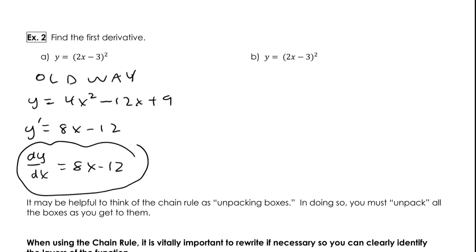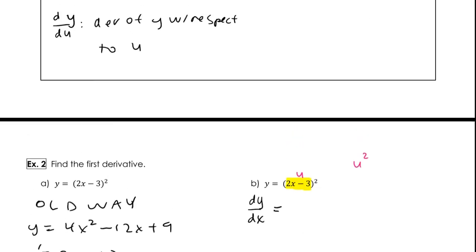Okay, now let's use the new way. So the new way, I'm going to write dy dx, know that y prime is totally fine. Find the inside stuff and let's highlight it. I'm going to pretend that that whole inside stuff is just the letter u. So if I had u squared, what is its derivative? Isn't it 2u? So we are going to pretend, again, look up here.